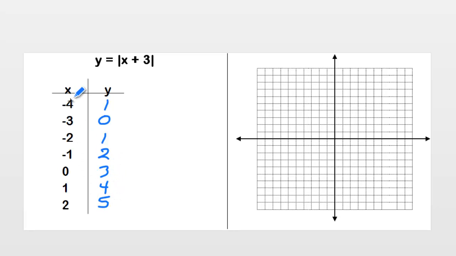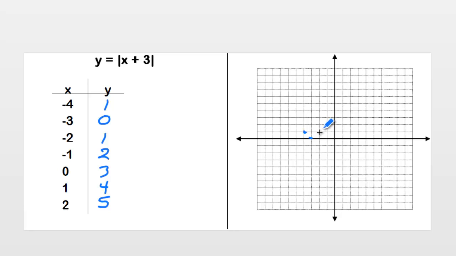Of course, you can pick more negative values to get things to shift a bit, but when we are at -4, we are at +1 for y. At -3, we get a 0. At -2, we get a 1.